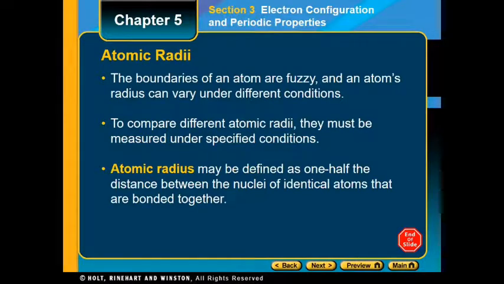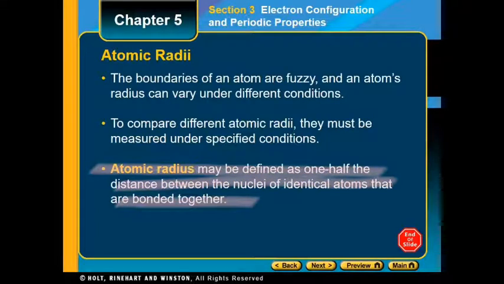So starting off right here, we've got atomic radius. Atomic radius is defined as 1/2 the distance between the nuclei of identical atoms that are bonded together. So again, you have to have 2 atoms bonded together, and then you take half the distance between their 2 nuclei. The reason why we do that, and it tells you up there above it, is that the edge of an atom is very fuzzy.